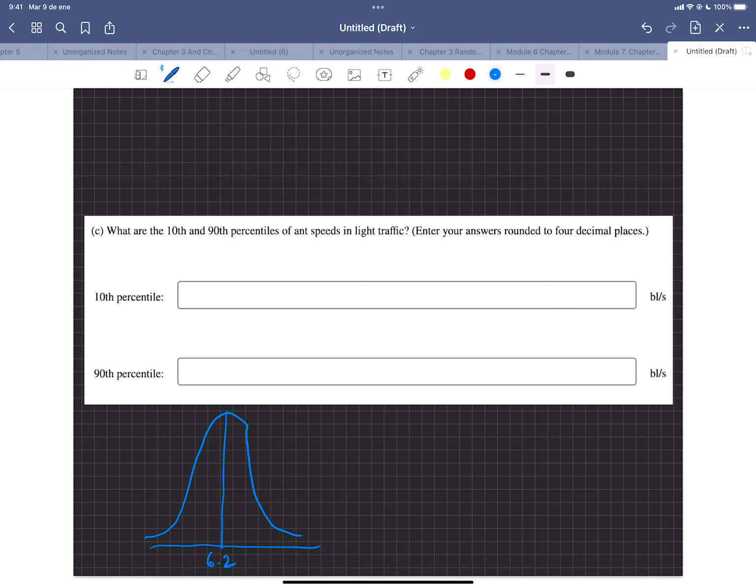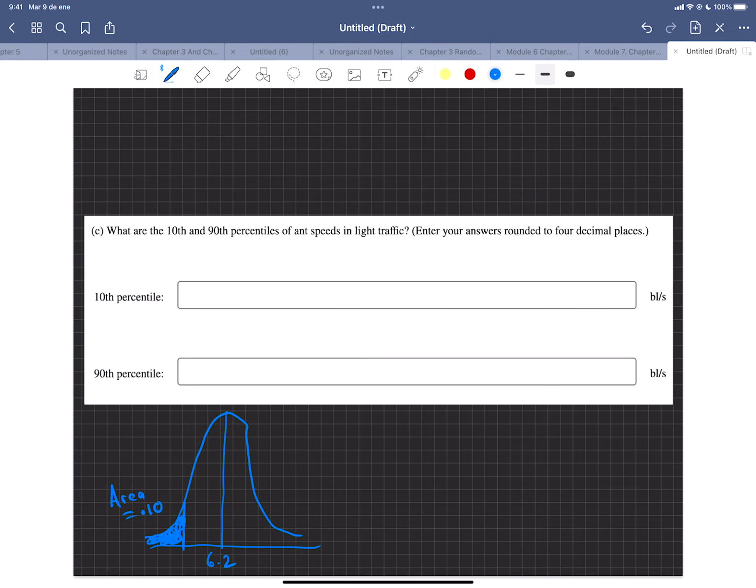What is the 10th percentile? It is the value such that the probability to the left or behind under the curve is 10%. It's going to be a value here. Area equal to 10% or 0.10.